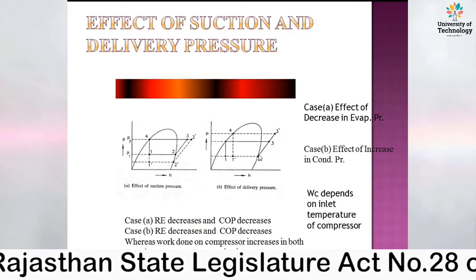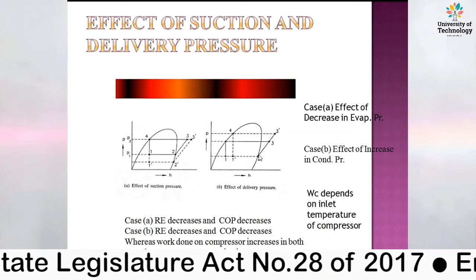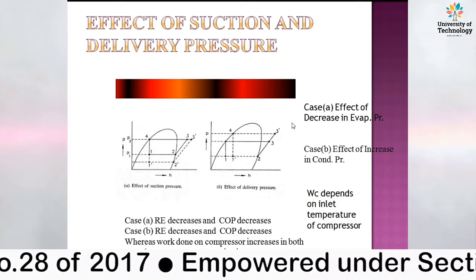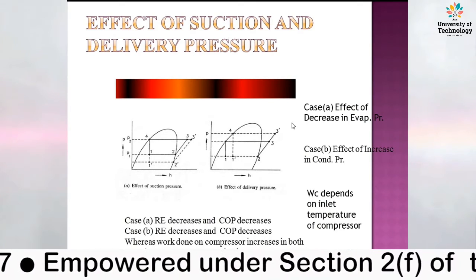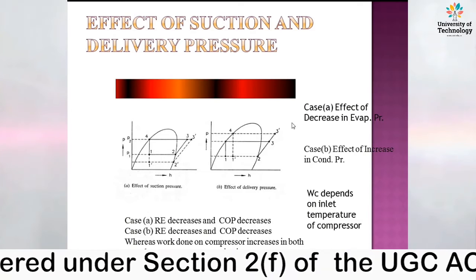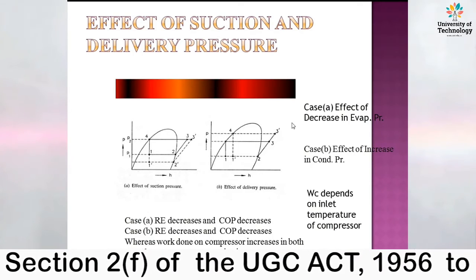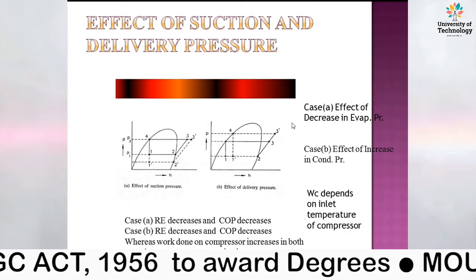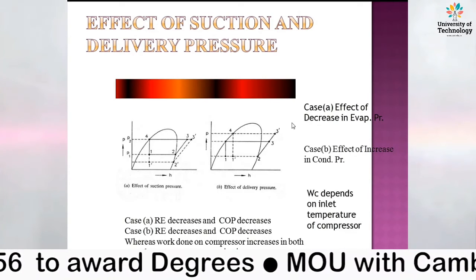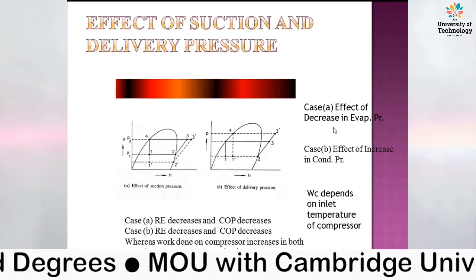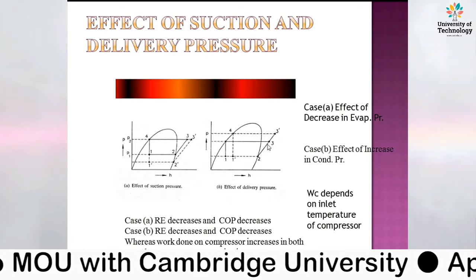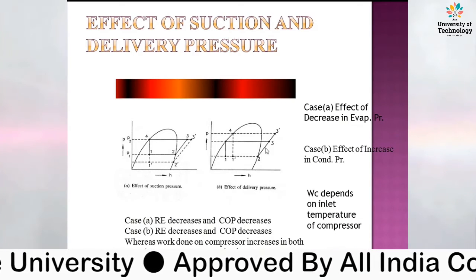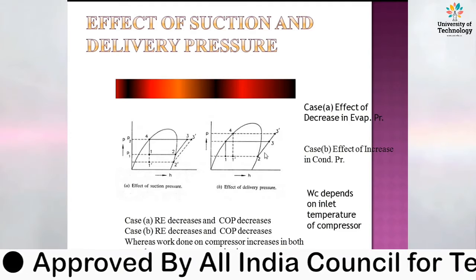Now the coefficient of performance, which is the ratio of refrigerant effect and compressor work: the refrigerant effect decreases and the compressor work increases, therefore the coefficient of performance of this refrigeration cycle decreases. The initial pressure ratio is P3 upon P2 and the final pressure ratio is P3 dash upon P2. P3 dash upon P2 is greater than P3 upon P2, so the pressure ratio increases.